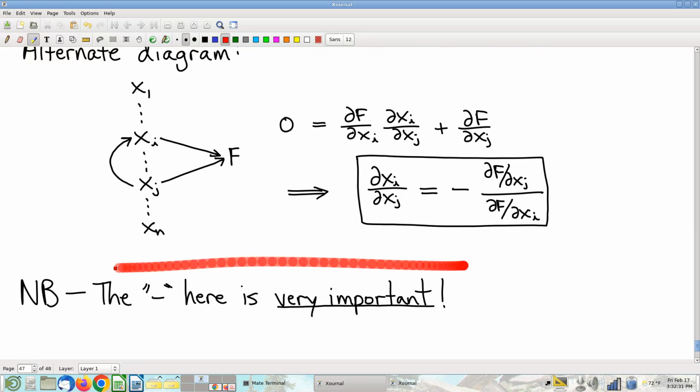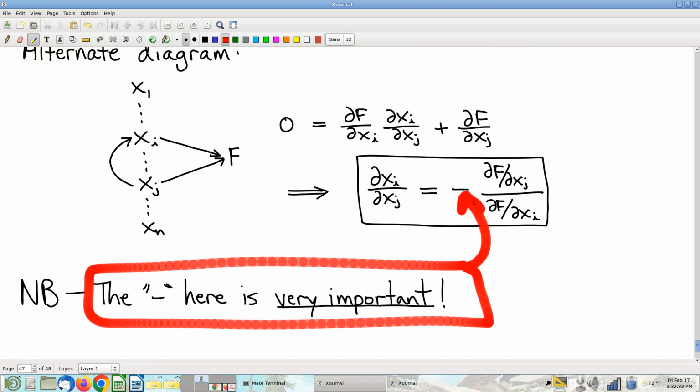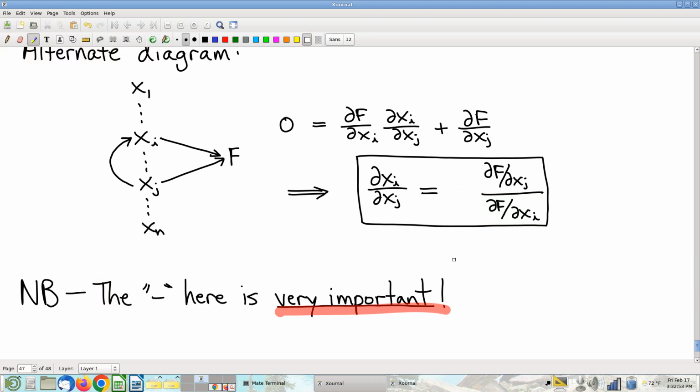Again, I've already said this, but I'm going to say it again. This minus sign right here is extremely important. Not only does it make the formula true as opposed to false, but if you don't have that minus sign, look at what this formula becomes. It seemingly suggests that you can cancel the partial f's, and that feels like your partial xi is just the denominator of your denominator and all that business. It looks like it ought to just work, except that this is absolutely invalid reasoning.